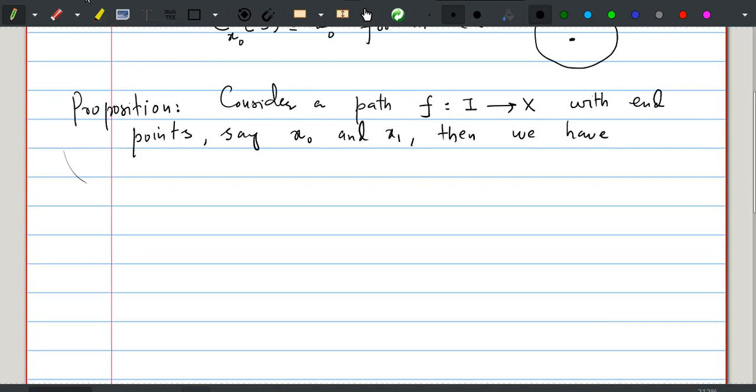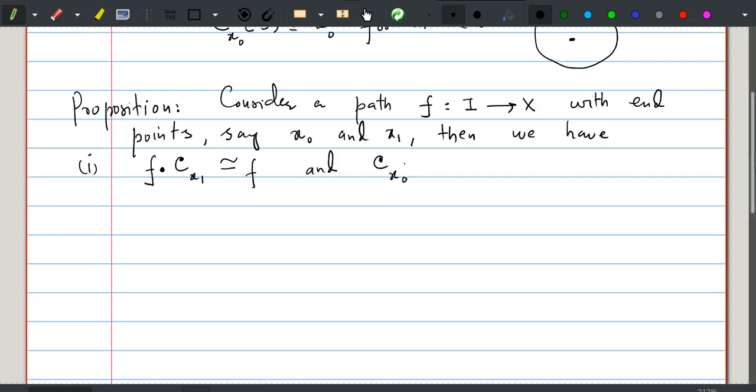First item: f product with the constant path c sub x1 is homotopic to f, and the constant path c sub x naught product with f is homotopic to f.